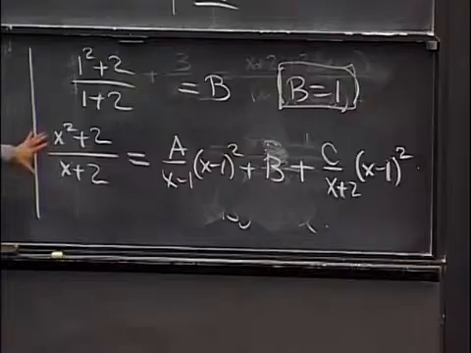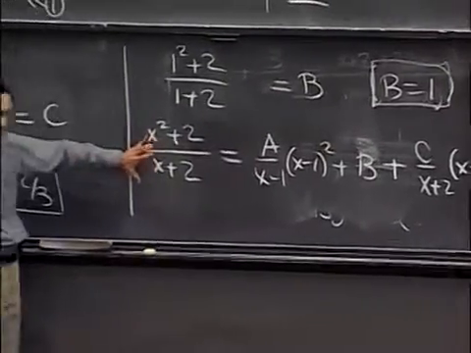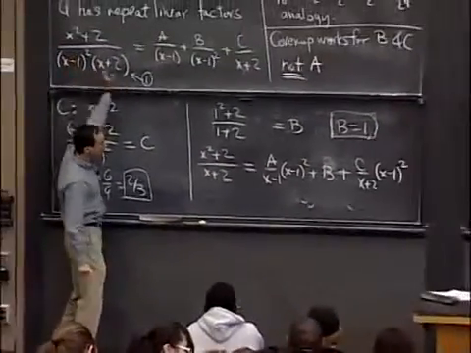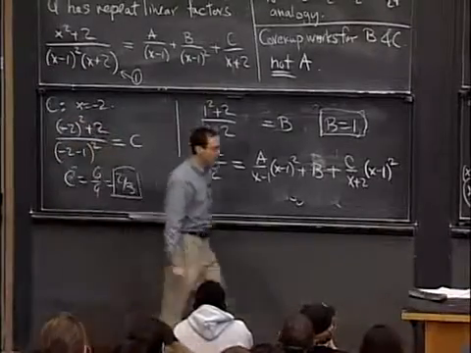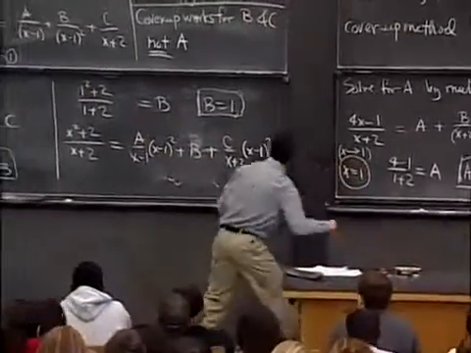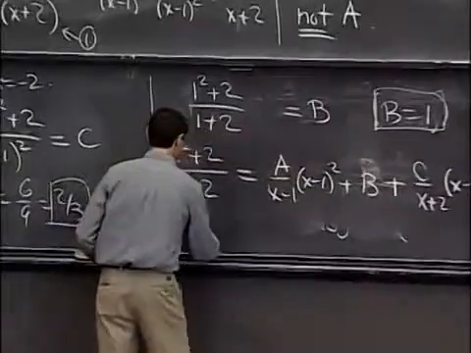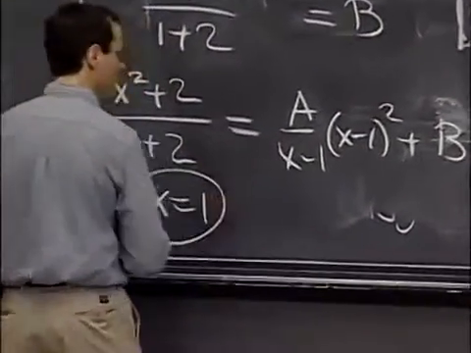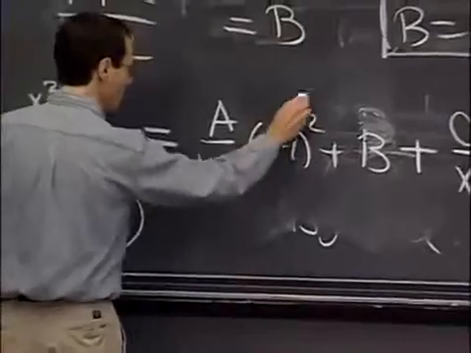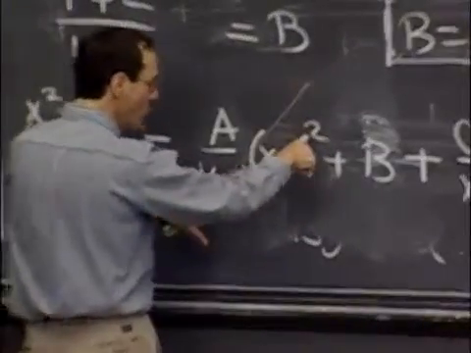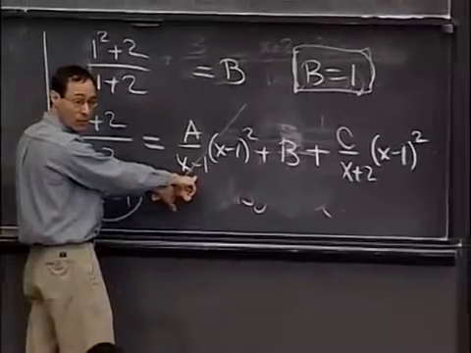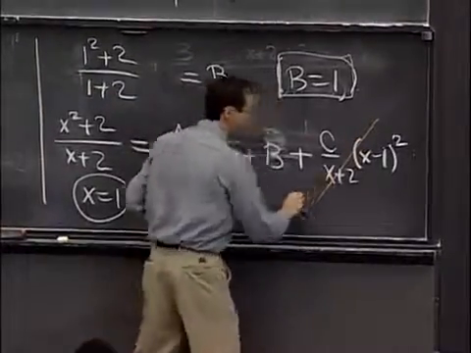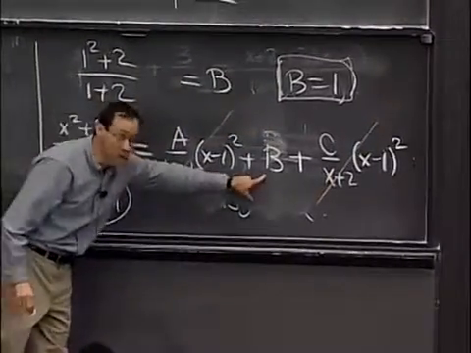Now notice, again, I cleared out this term from the denominator and sent it over to the other side. Now what's happening is that when I set x equals 1 here, this term is going away because there's more powers in the numerator than in the denominator. This is still 0. And this one is gone also. So all that's left is b.